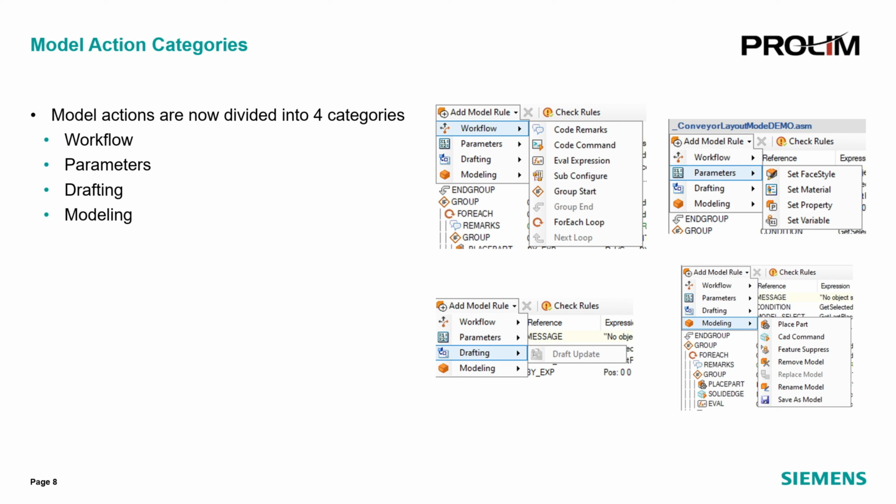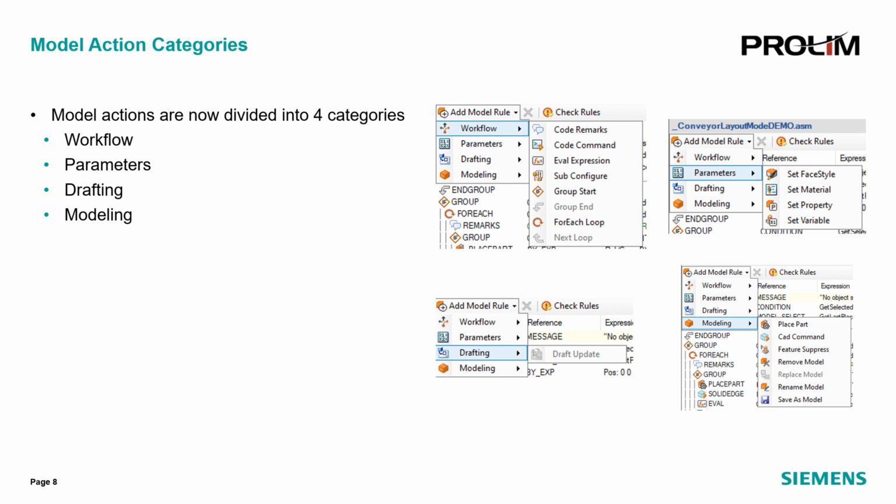Next, we have the model action categories. Now all the model actions have been categorized into 4 different groups. First one, we have workflow. Then we have the parameters, drafting, and modeling. Under workflow, we have most of the new commands like code remarks, code command, eval expression, subgroup, group start and end, for loop, and next loop.